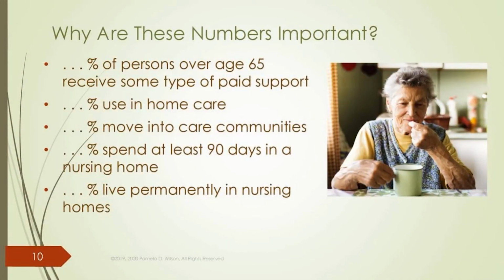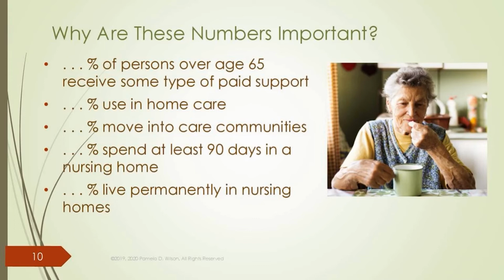So why are these numbers important or relevant even for us who are younger and our elderly parents? The source for these statistics is an ASPE research brief from April 2019. 48% of people over age 65 eventually receive some type of paid support, and that would be paid support in the home.